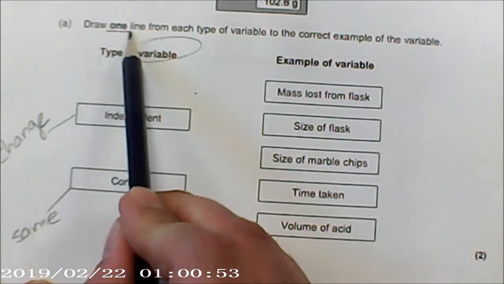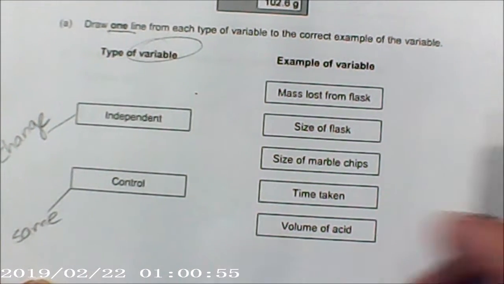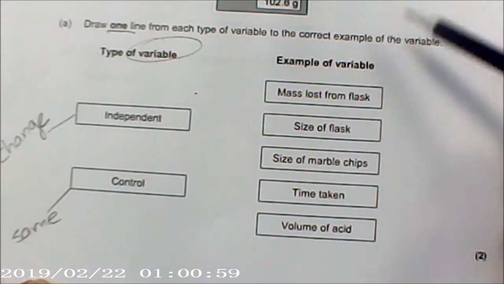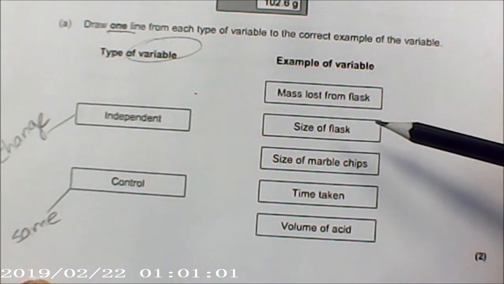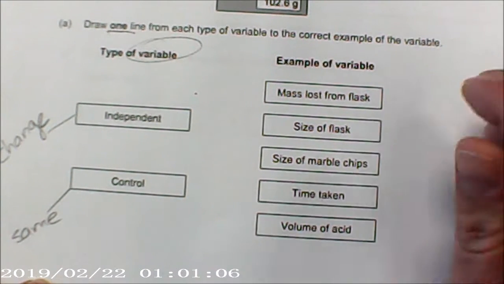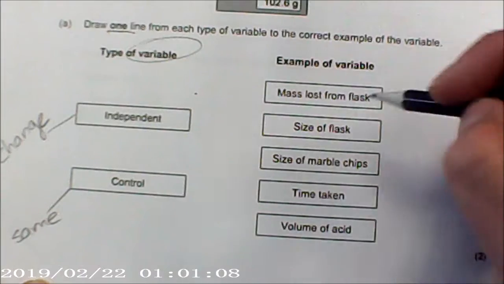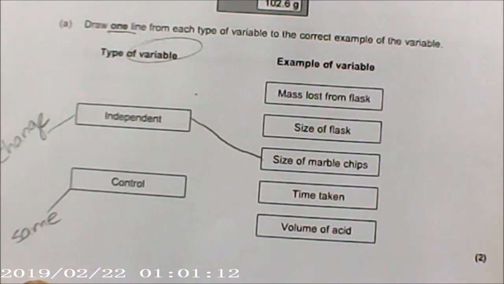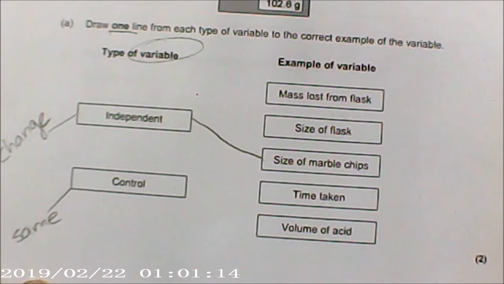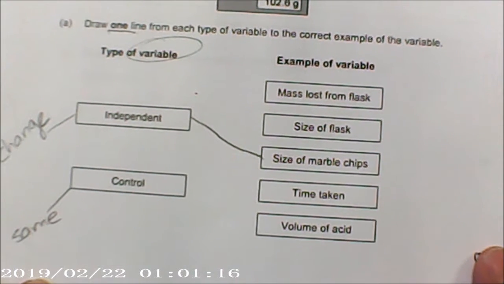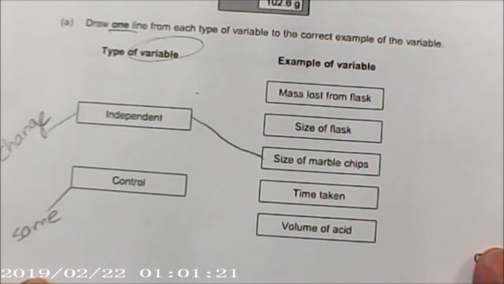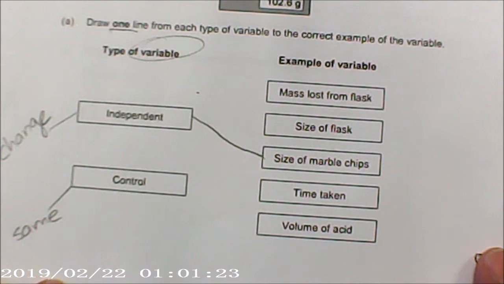We need to draw one line from each variable to the example of it. So what is it that they are changing? Well, it says they're looking at the effects of size of marble chips. So they are going to be changing the size of the marble chips. The dependent variable, I know it's not this question, but the dependent variable is measuring the change in mass over time.